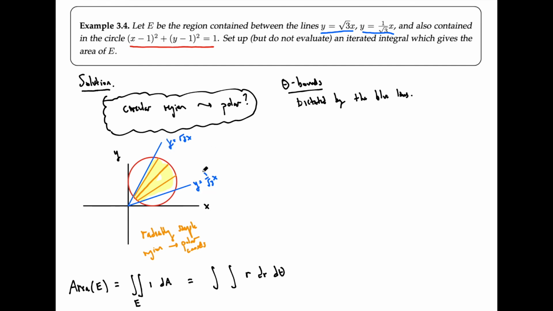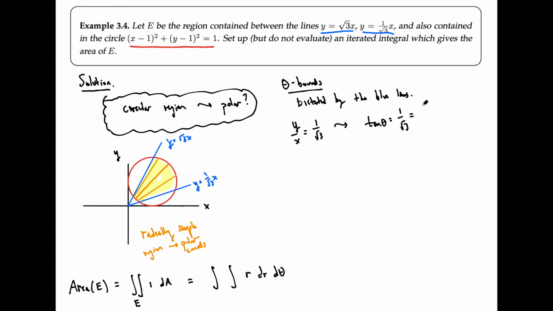We can take this data, turn it into polar coordinates, and get the bounds for theta that way. In particular, this lower equation, if I divide by x, turns into y over x equals 1 over root 3. And then I remember, oh yeah, y over x, that's tangent of theta. So this says tangent of theta is 1 over root 3.